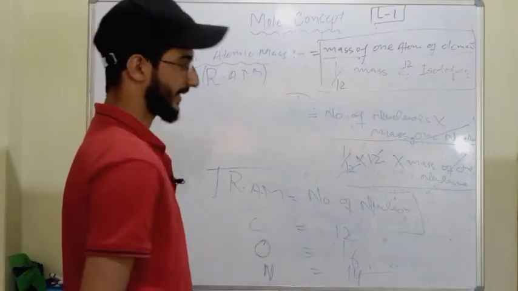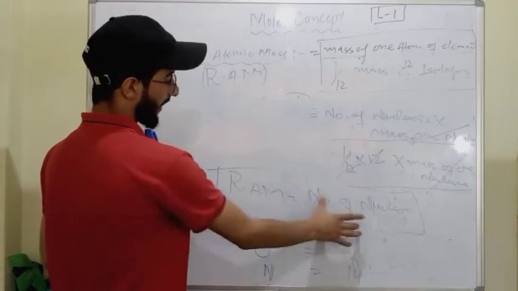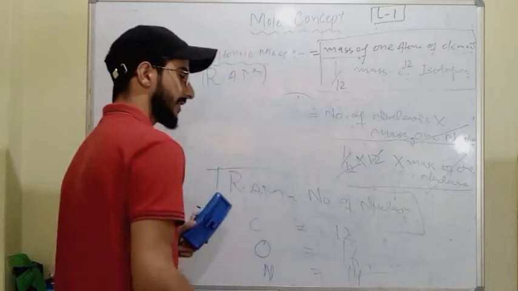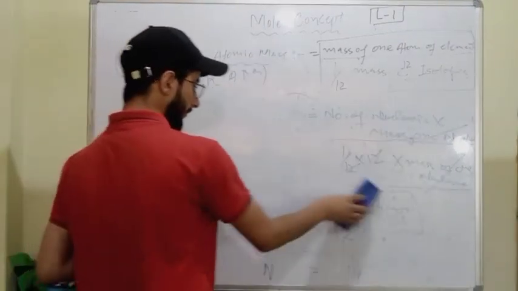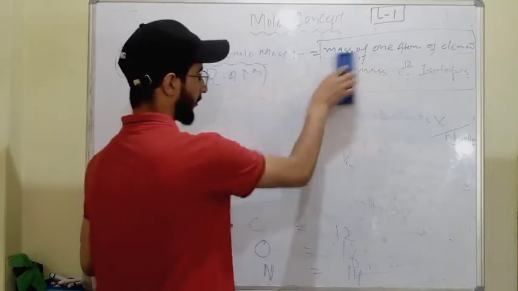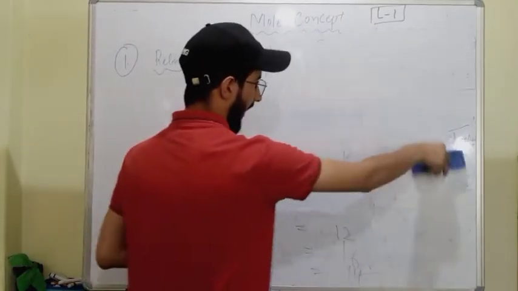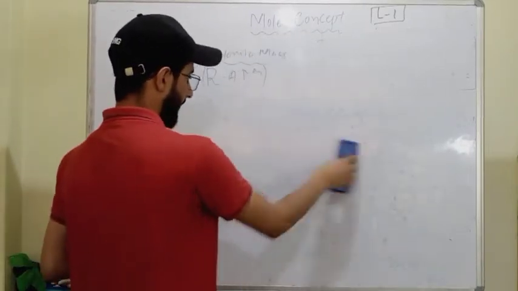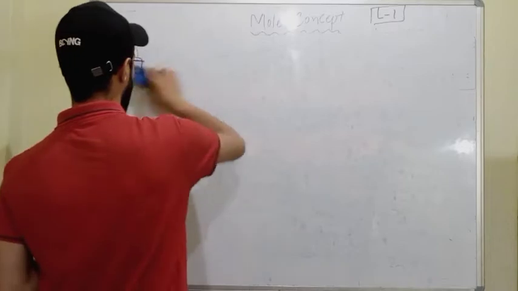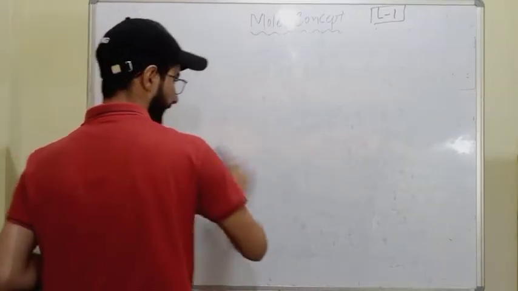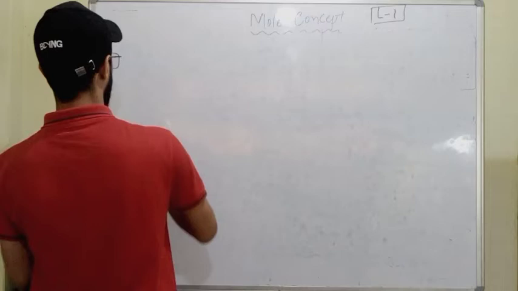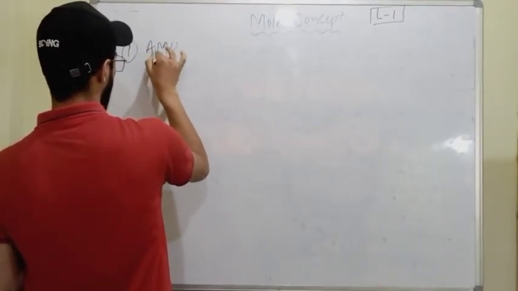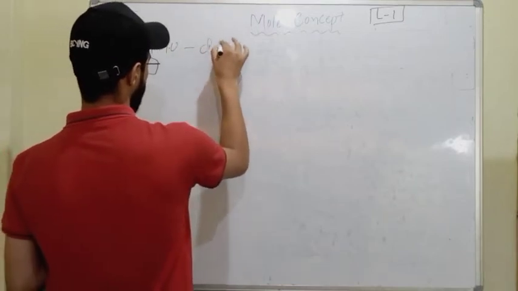I hope you are getting this, and at the last we get that the relative atomic mass will be equal to the total number of nucleons present in that atom. And the second term we are going to discuss is the atomic mass. Before discussing the atomic mass, we will discuss something about the atomic mass unit: AMU, atomic mass unit, Dalton.